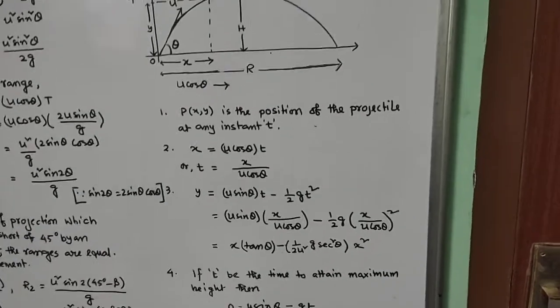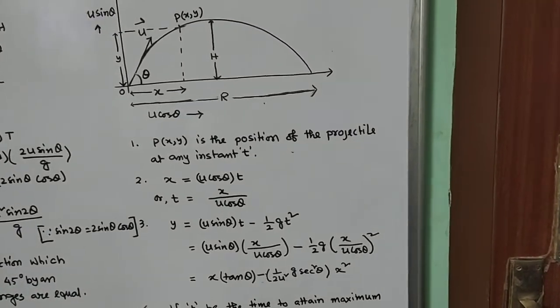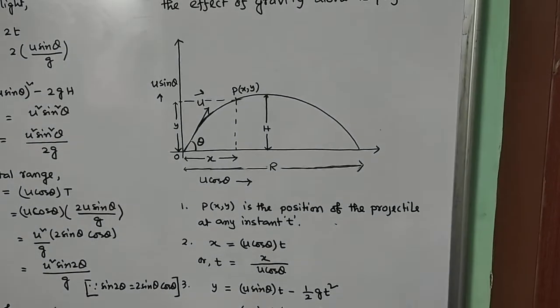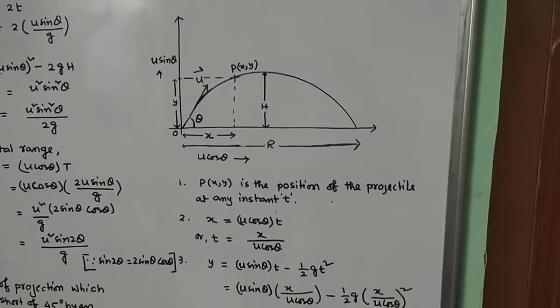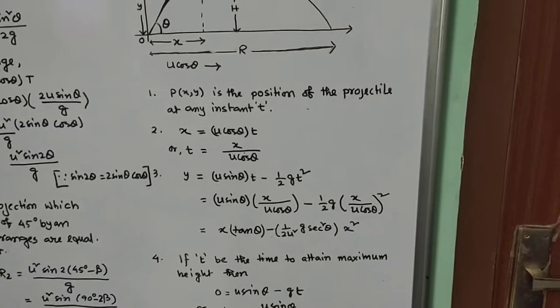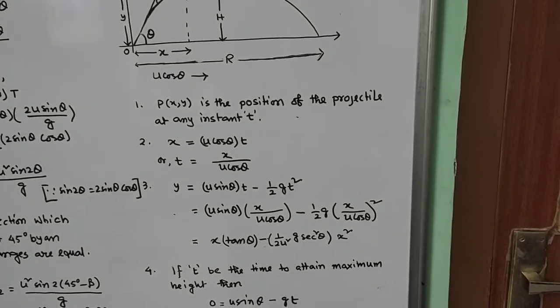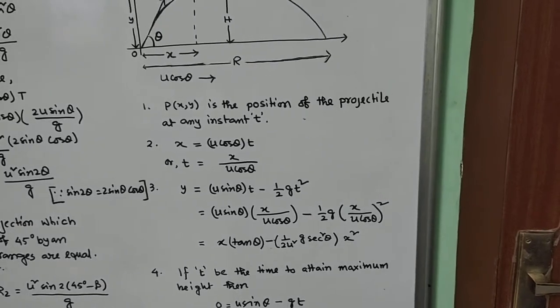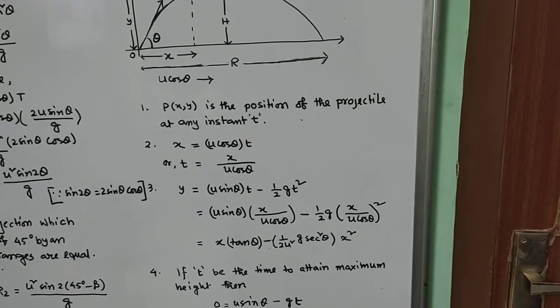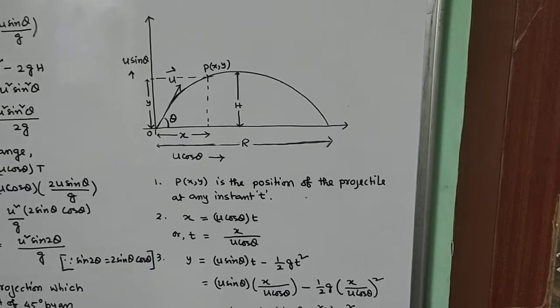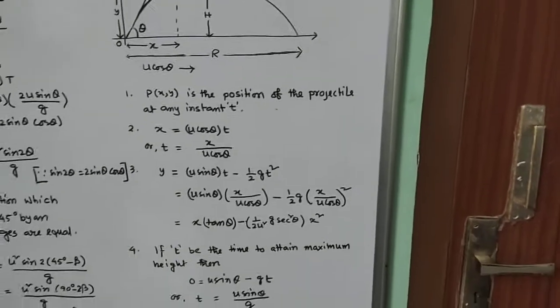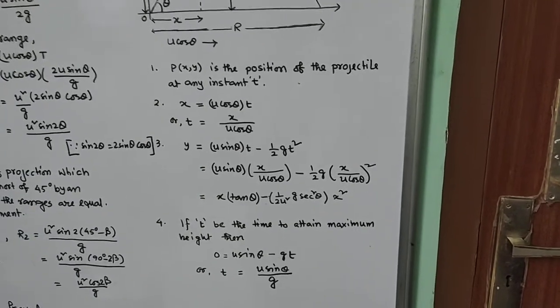Now here in equations 2 and 3, small t is the time at which the projectile reaches P. Now in equation 4, we are using the same symbol, small t, but the meaning is different. Here we have written, if t be the time to attain maximum height, then we are going to use the equation v equal to u plus at.